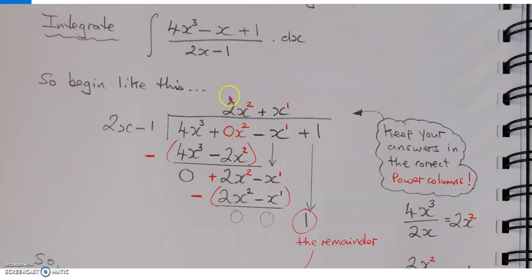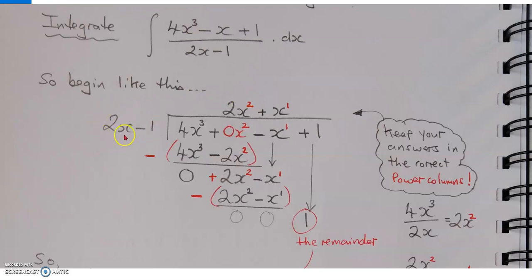Now, we do not write the 2x squared over the 4x cubed because it's in the wrong column. We write it here over the x squared column. Okay? Let's see what we do now. Well, we've got the answer 2x squared, and we now multiply this back to each one of these terms here.